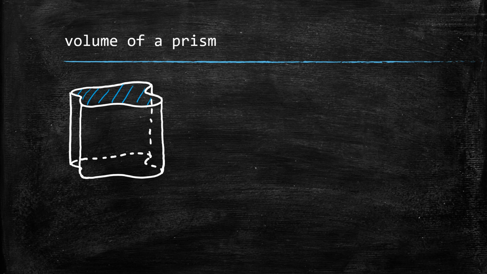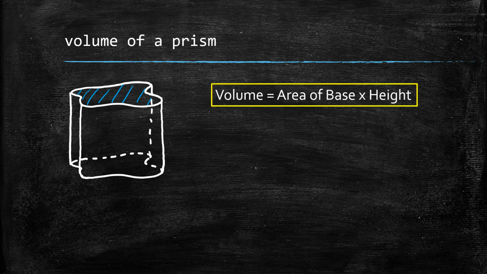So it has to be a uniform shape all the way through the prism. And if we recall, the volume of a prism is just the area of the base times the height. So if we say that B is the area of the base, I know that looks like the top, but remember that would be the same area as this. The area of the base times the height of the prism is the volume of a prism.